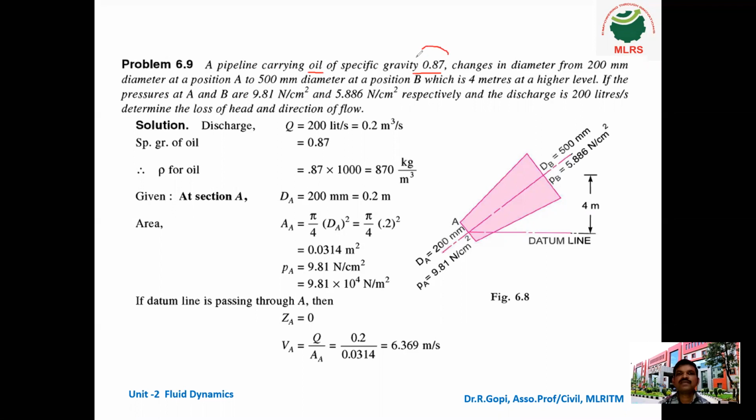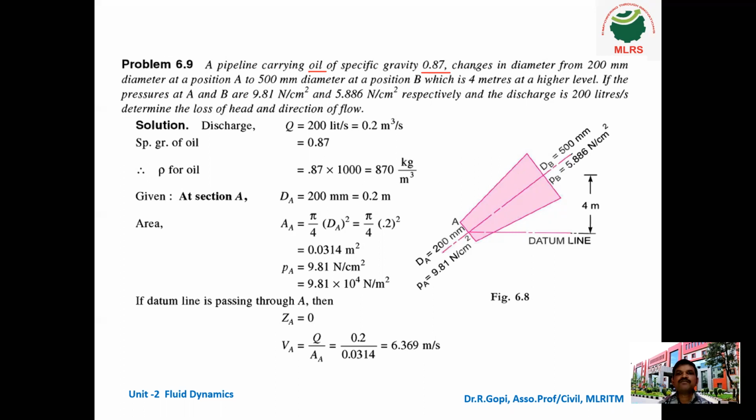So specific gravity is less than 1, which means its density is less than the water density. From this specific gravity, we can easily calculate the density: 0.87 multiplied by the density of water gives the density of this oil.